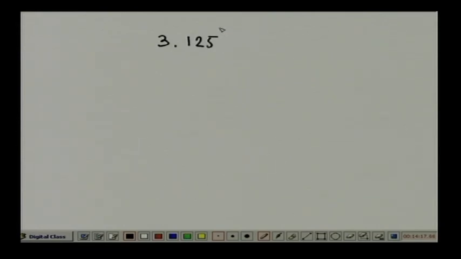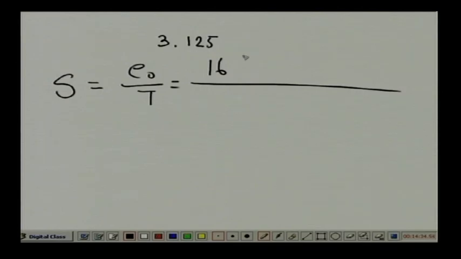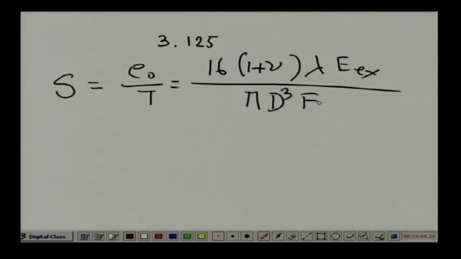So, the sensitivity expression looks like this: S equal to E naught by T equal to 16 (1 plus nu) lambda Eex over pi d cube E. All data are given, is it not?